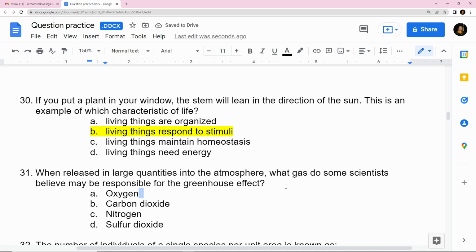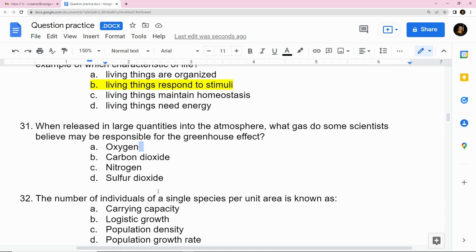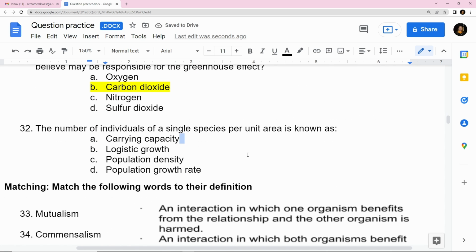When released in large quantities into the atmosphere, what gas do some scientists believe may be responsible for the greenhouse effect? Oxygen, carbon dioxide, nitrogen, or sulfur dioxide? If you said carbon dioxide, you would be correct. 32.